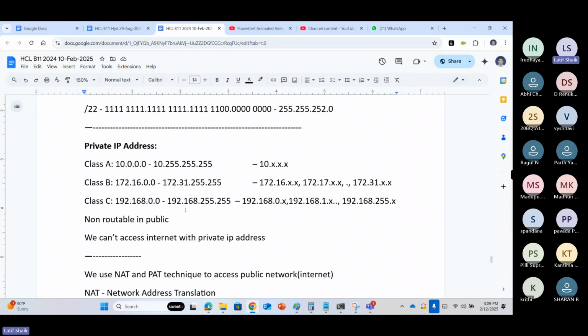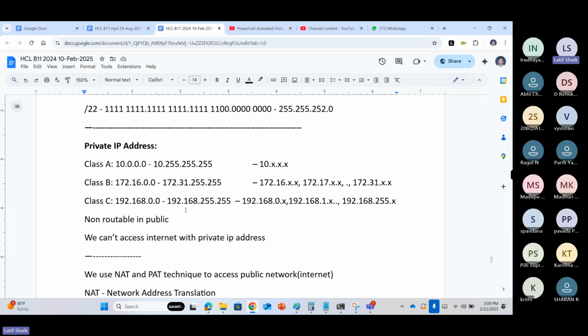Public IP addresses do not have any specific range. The ranges are given only for private IP addresses, and the remaining all become public IP addresses.